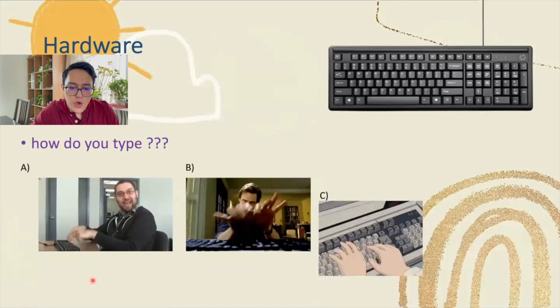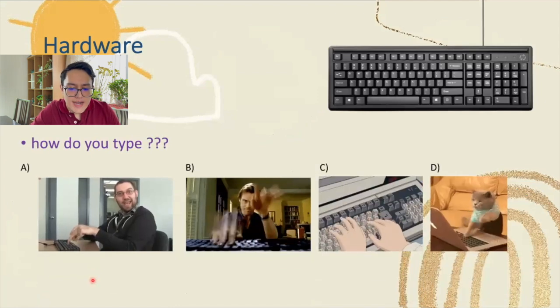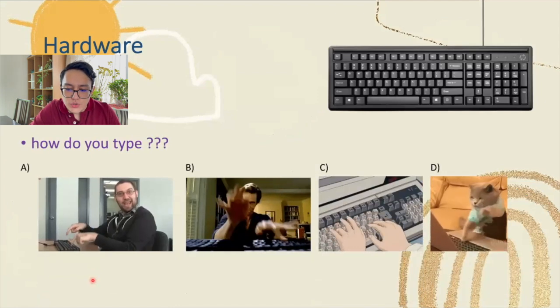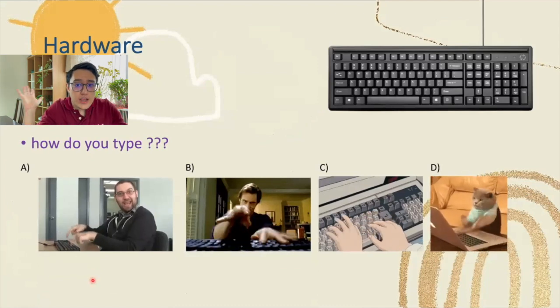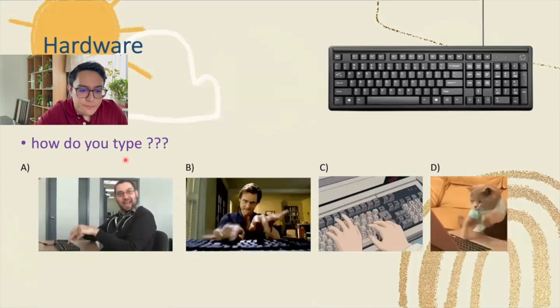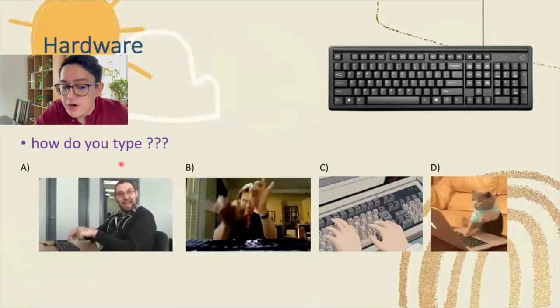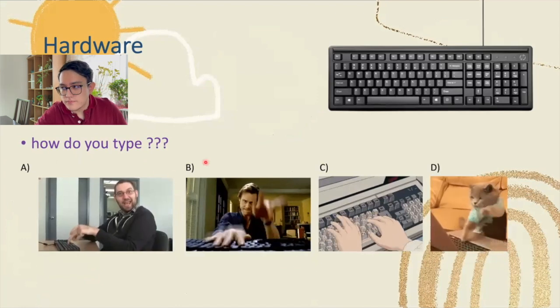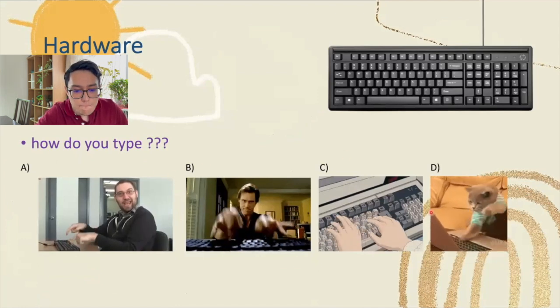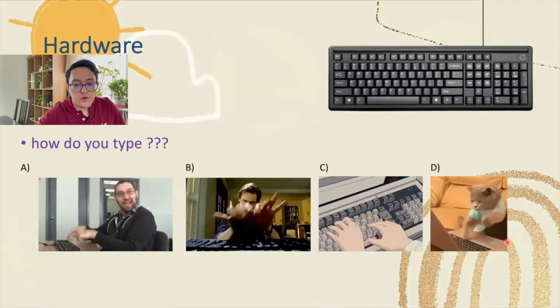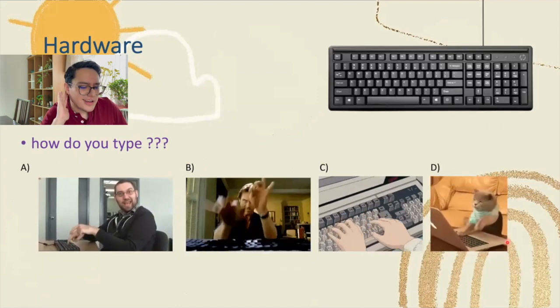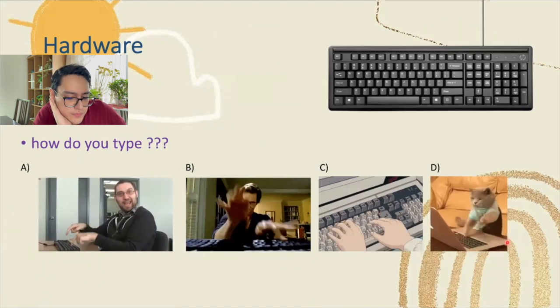I want to know, how do you type? Or which is the correct way? I don't know. Can you help me? Is A correct? Is it correct? B, C, or D? What do you think? Shout out the correct answer.